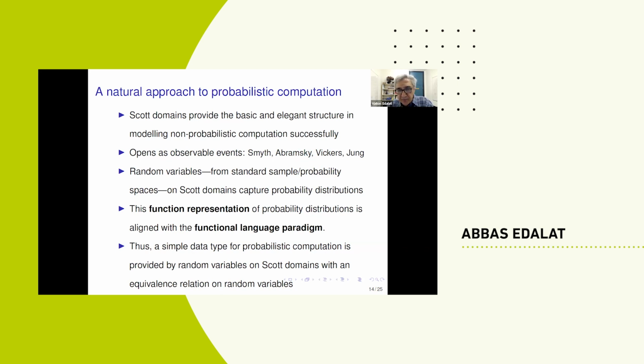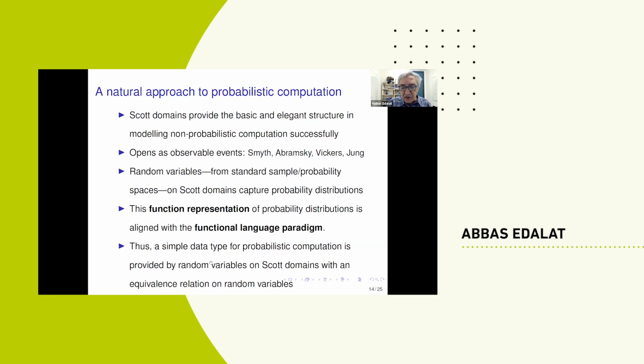So it's a function from a space to another space. Whereas a probability distribution on a space is not a function on the space, it's a function on the open sets or on the measurable sets or the sigma-algebra of sets. So that's why we think it's more natural to use random variables to capture probabilistic computation rather than probability distributions per se.